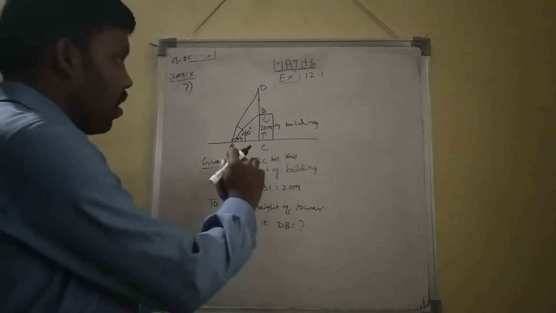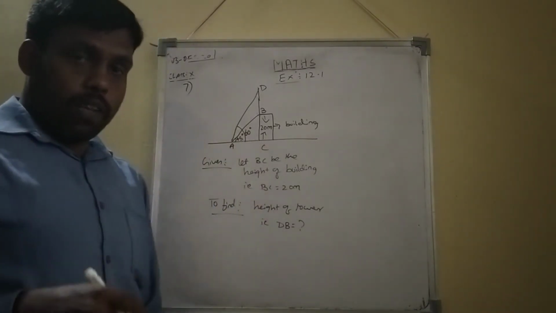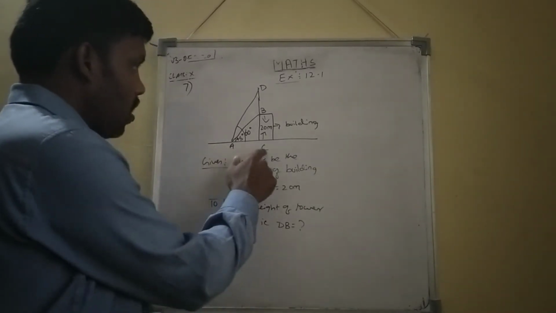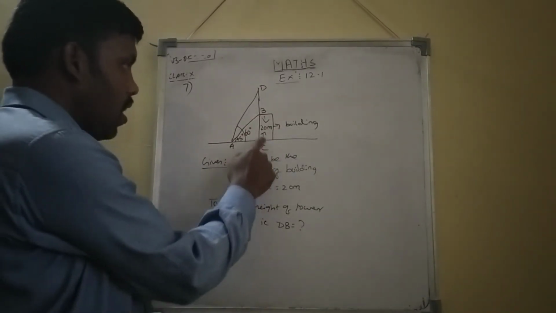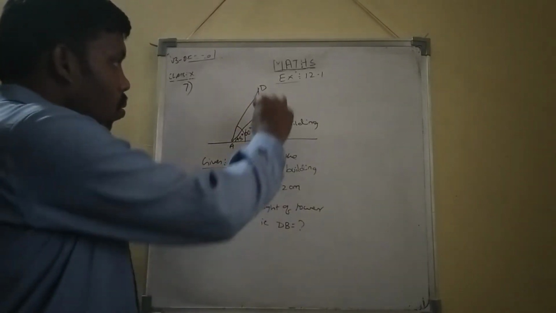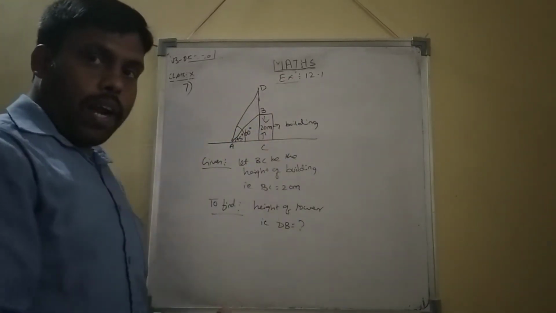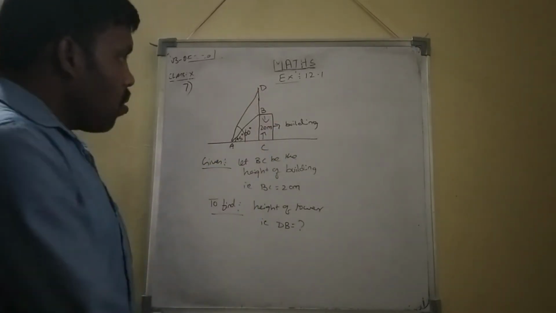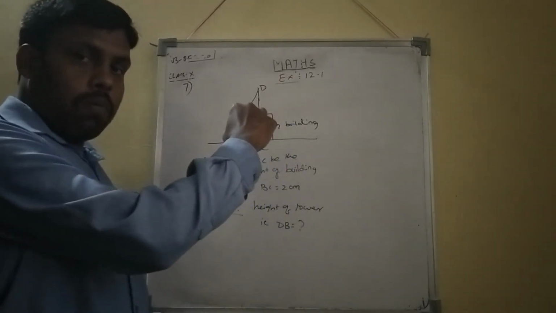Now we have to identify the right angle triangles. Very important here. You see the two right angle triangles here, ACD and ACB. DB does not belong to any right angle triangle. It just belongs to triangle ABD, which is not a right angle triangle. We have done the sixth problem, the same type of problem.